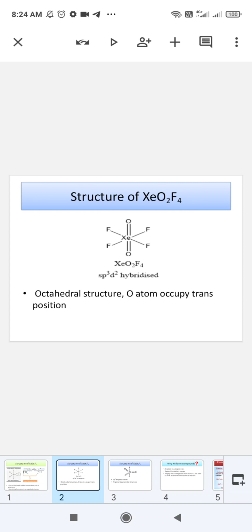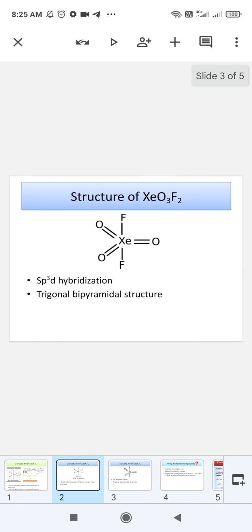We have discussed the sp3d2 hybridization before. Now we have to discuss the structure of XeO3F2. XeO3F2 also follows sp3d hybridization, and is arranged in a trigonal bipyramidal structure.